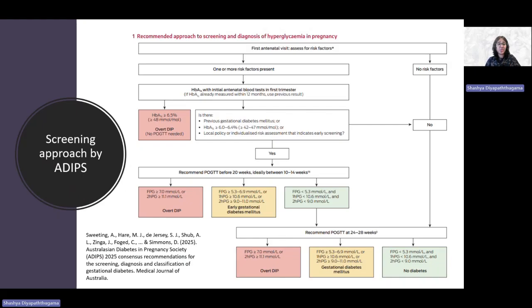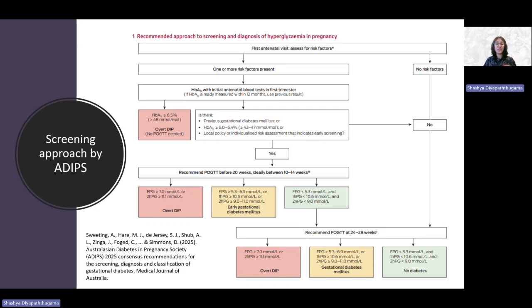Now coming to screening of gestational diabetes. This is the procedure provided by this organization. According to that, the first antenatal visit is once the woman identifies that she is pregnant.